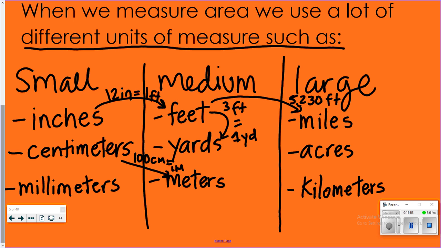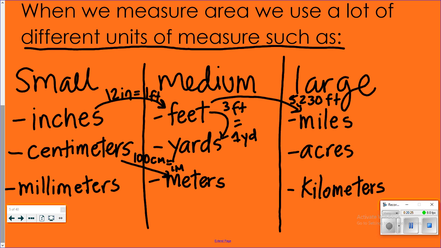Times 2 more, which is about 10,000, so about 54,000. All I did was break apart the same strategy you know. I broke apart 12 into 10 and 2. I multiplied 5,200 by 10, and then I multiplied it by 2. That's all I did. That's because I did it quickly, but you know what to do.